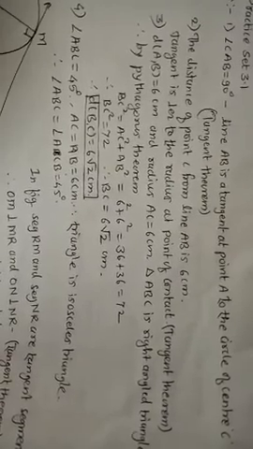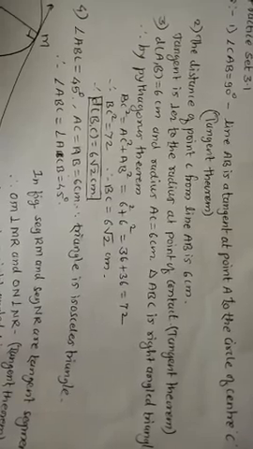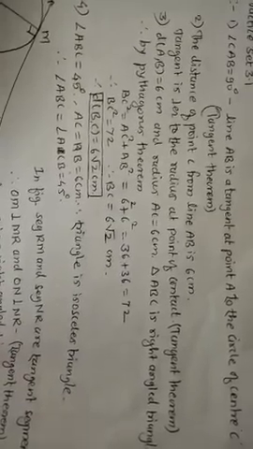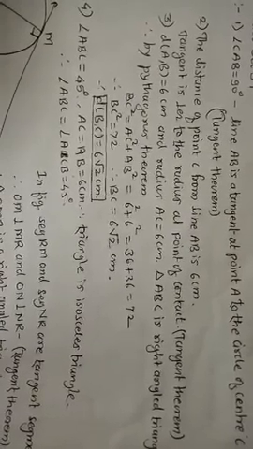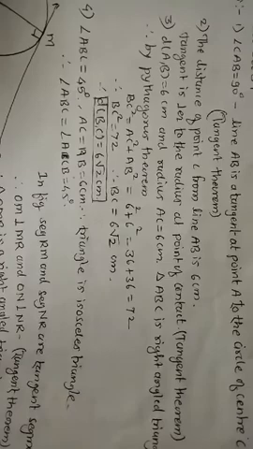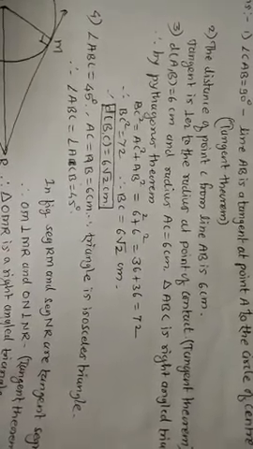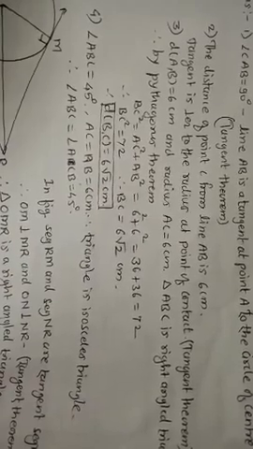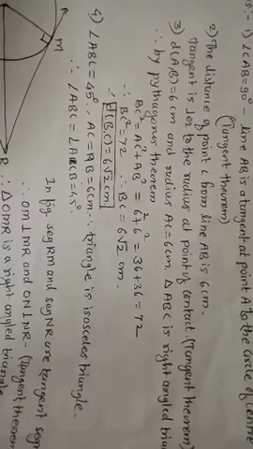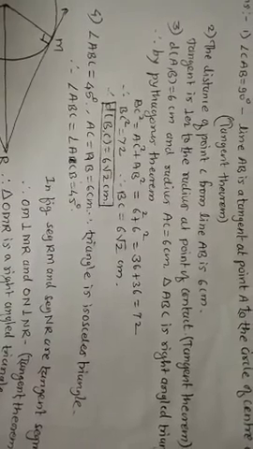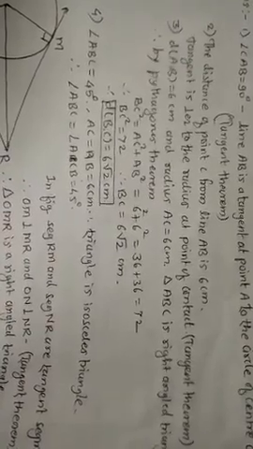The line which is perpendicular to the radius through the point of contact is a tangent to the circle. Now the second answer: the distance of point C from line AB is 6 cm, because the tangent is perpendicular to the radius at the point of contact. This is nothing but the tangent theorem.